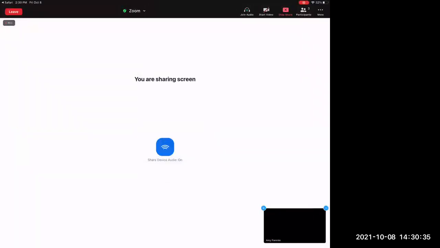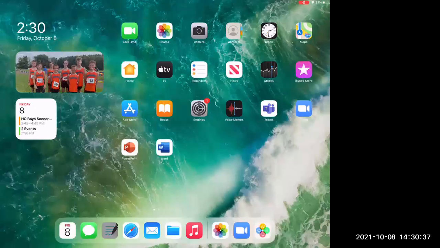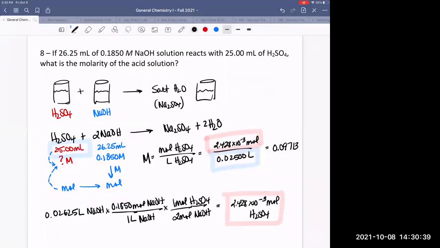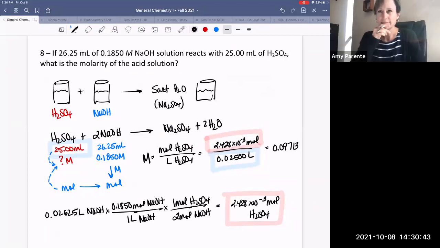All right. So what I did was 26.25 milliliters times 1 liter over 1,000 milliliters times 0.1850 moles over 1 liter times my molar ratio, which is where I went wrong, of my sodium hydroxide on the bottom and sulfuric acid on top. Correct.